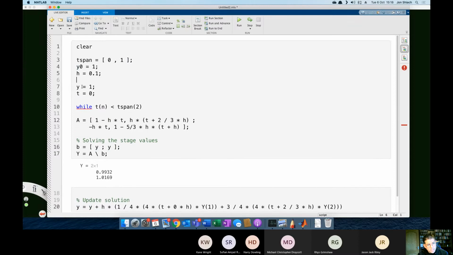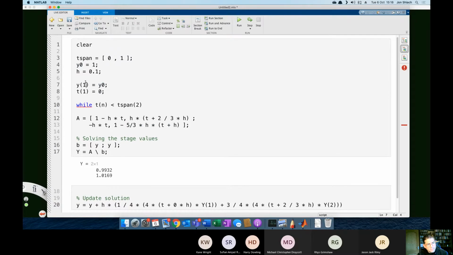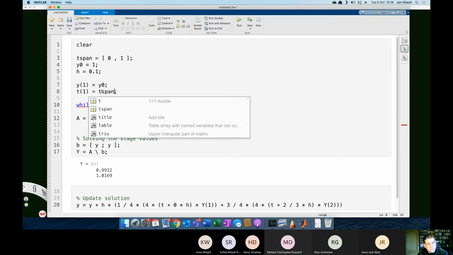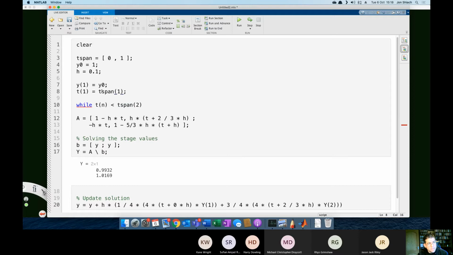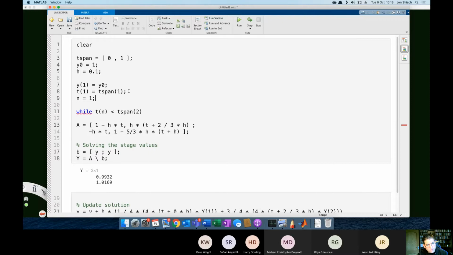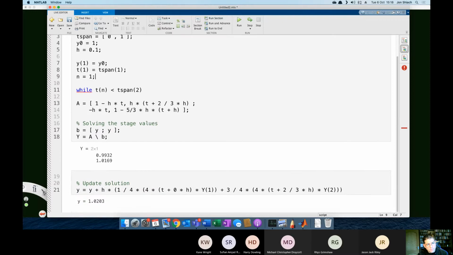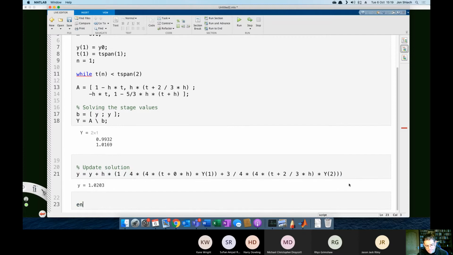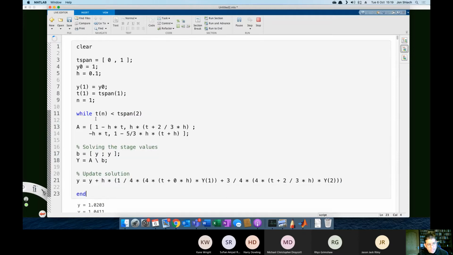I'm going to change y to be a vector, so I'm going to have to make some changes to our code. The first element of the y vector is y0, and the first element of our t vector is the first element of tspan. And I'm going to set n equal to 1. So I've got a while loop here, and I'm just going to tidy this up a bit.